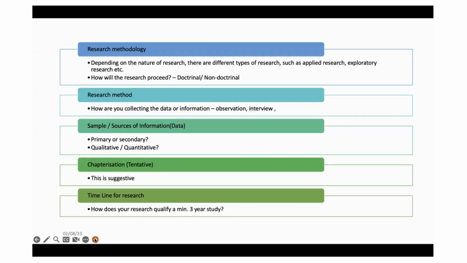Thereafter, one of the suggestive parts that must be included in the proposal is the timeline for research. This showcases how the research is a subject that can be taken up for the minimum stipulated time of 3 years or 4 years, and that it is worthwhile to be invested in by the institute of your choice.